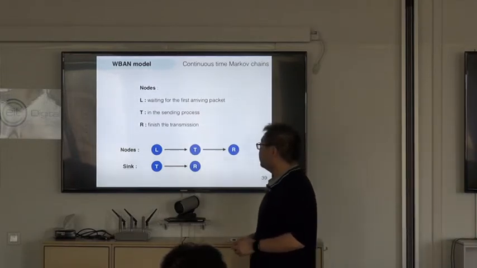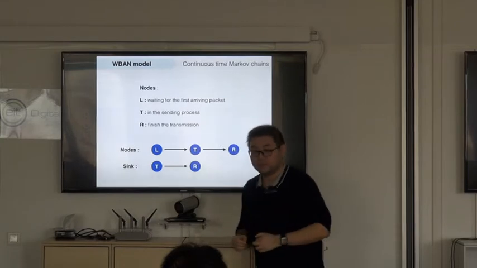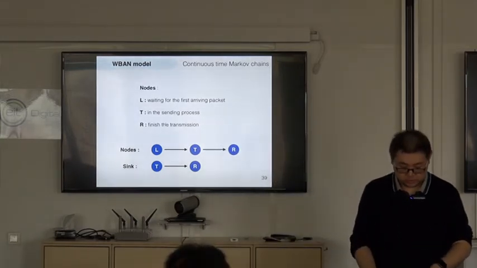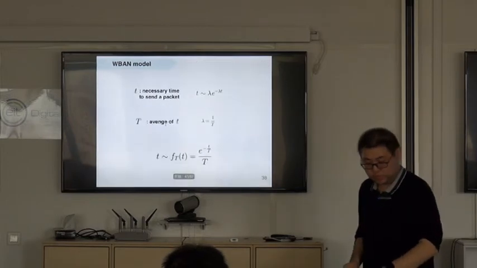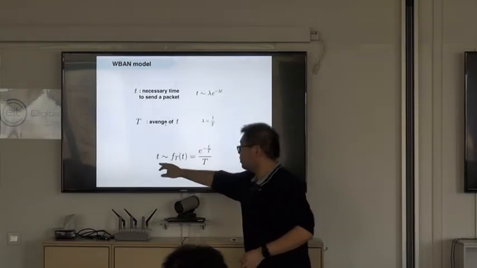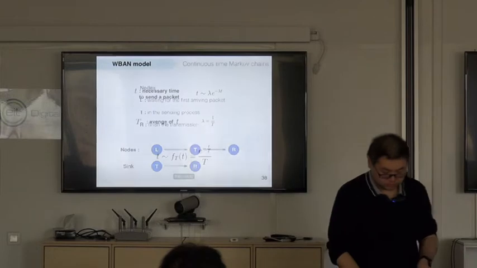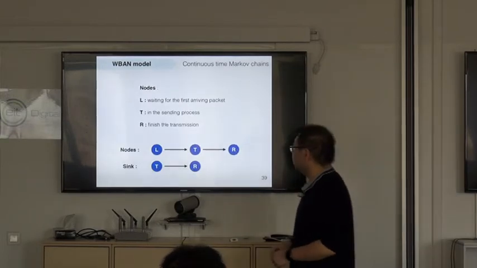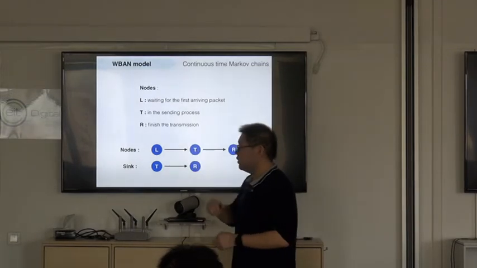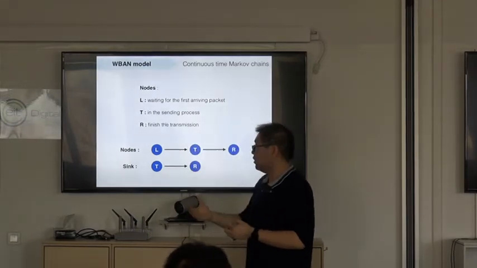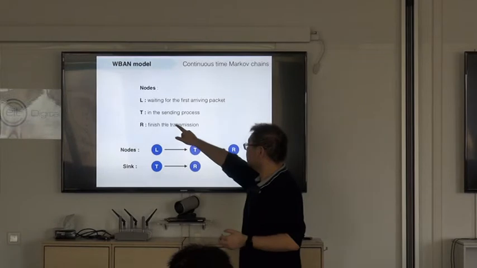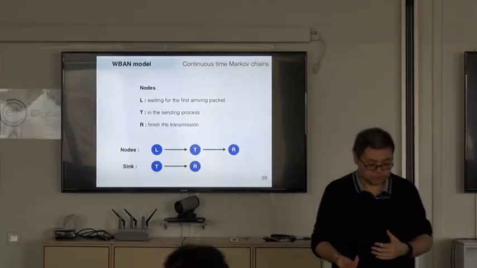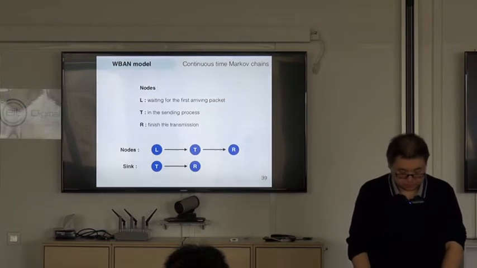The second one is T. That means the node is in the process of sending a message, which means it has to wait for this T to be finished. And the third one is R. That means the node finished the transmission, and it changes its state from T to R. That means I received the message, I rebroadcast the message, so I finished my job.